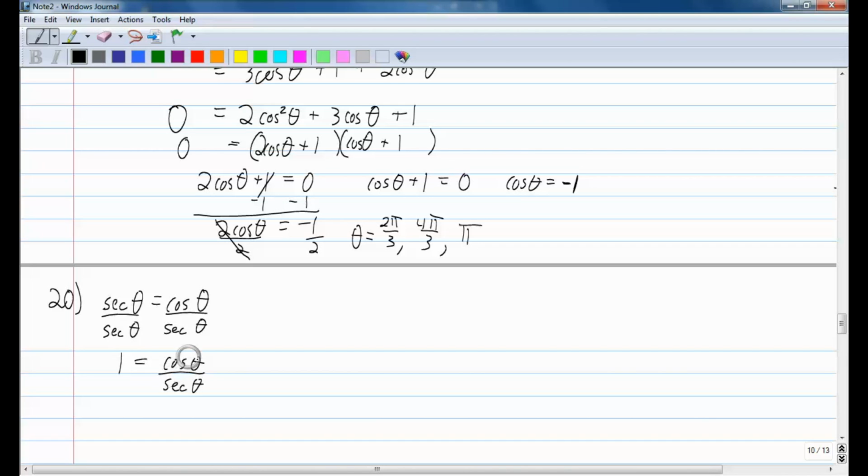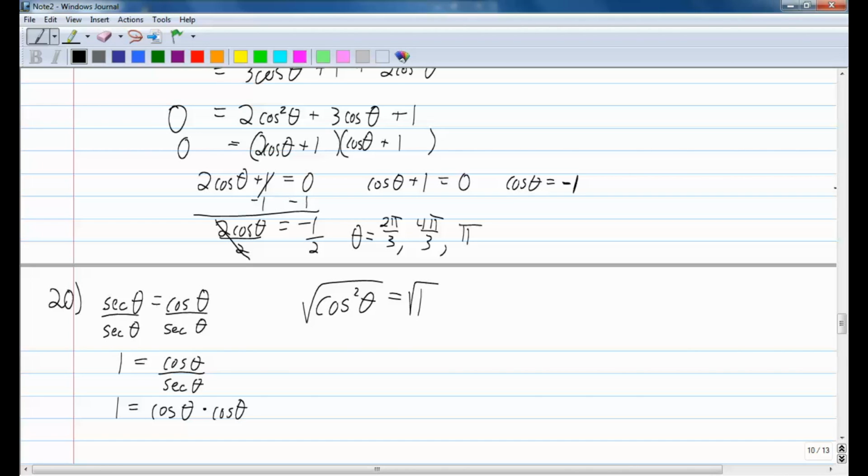Now, this isn't simplified. What does secant become if I move it to the top? Remember, with trig functions, I don't change the power. If I take the secant and move it to the top, it becomes cosine. So this will be 1 equals cosine theta times cosine theta. Or cosine squared theta equals 1.